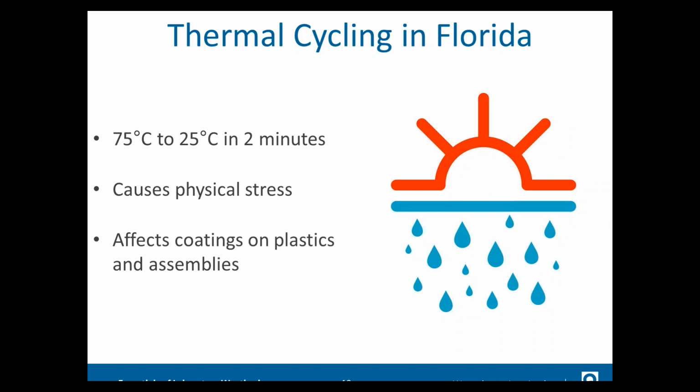It seems like every day here in Cleveland, they'll get a short rainstorm, and in the course of 2 minutes, that material that was 75 degrees Celsius can drop to 25 degrees Celsius, and that causes a lot of stress, particularly on anything that's got plastics in it, because plastics have greater expansion and contraction.